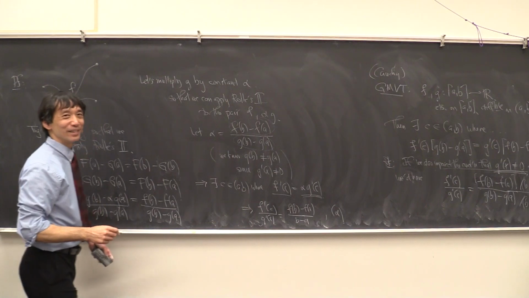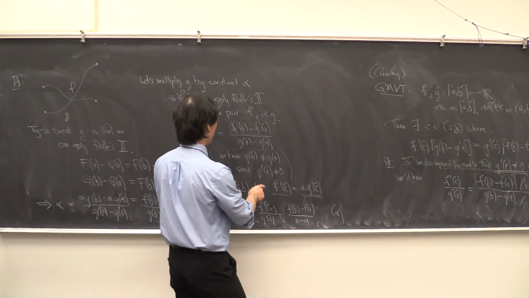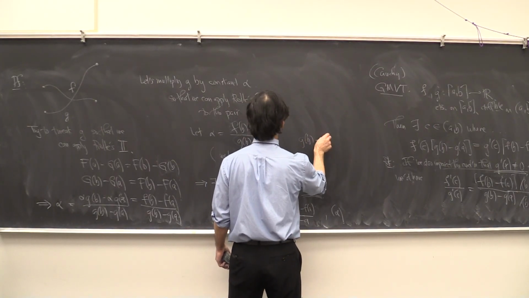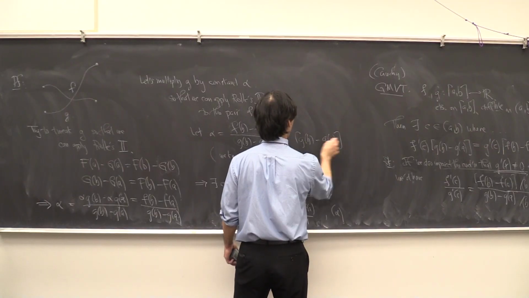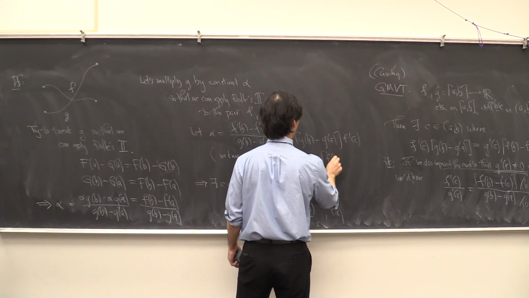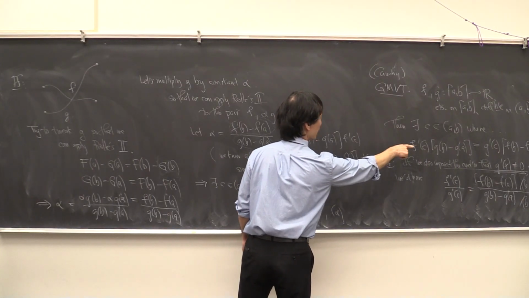Oh yeah, that makes sense. And then you would get a point where g of b minus g of a times f prime c equals f of b minus f of a times g prime c, which is exactly what's in there.